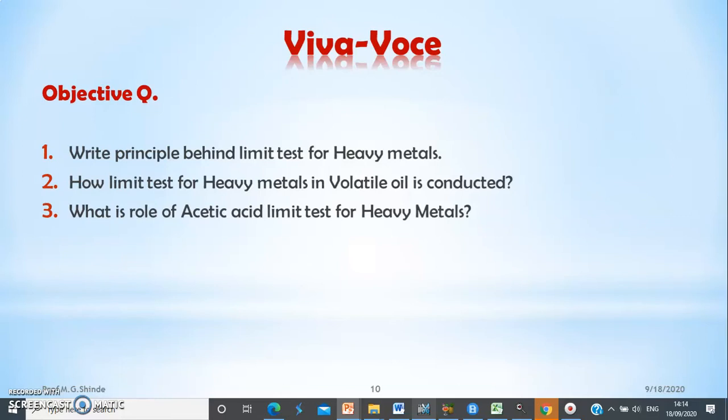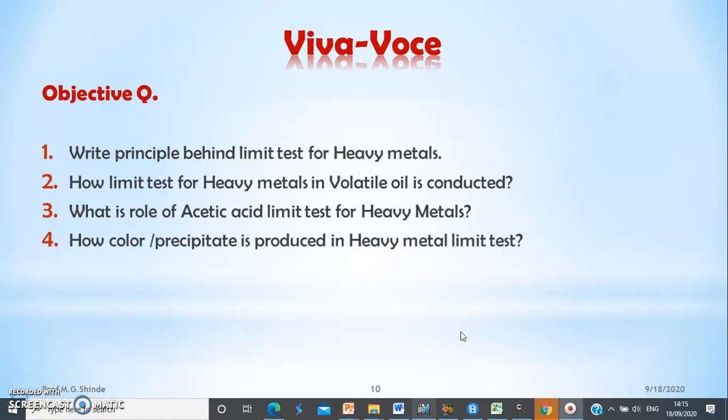The next question is: what is the role of acetic acid in the limit test of heavy metal? The role is to maintain the pH between 3 to 4. The next question is: how is color or precipitate produced in the heavy metal limit test?